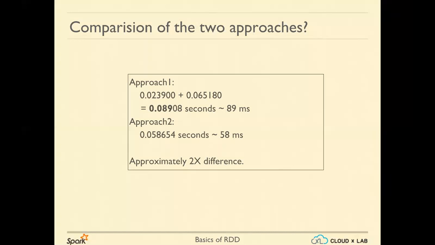Summing up tuples is not too different, and that overhead is very tiny as compared to running the job. So if not 2x, it'll be a 1.8x kind of difference.